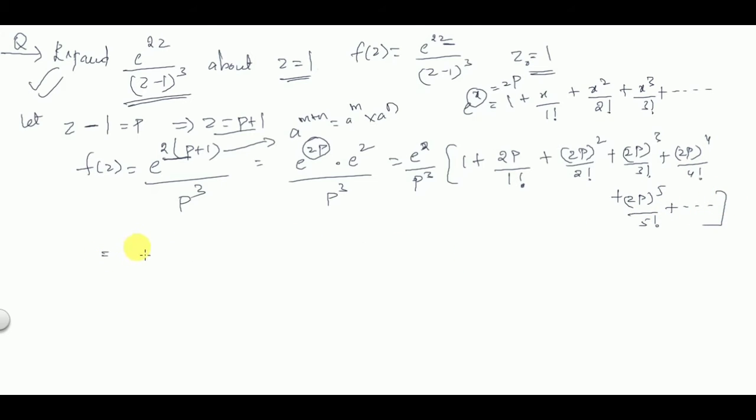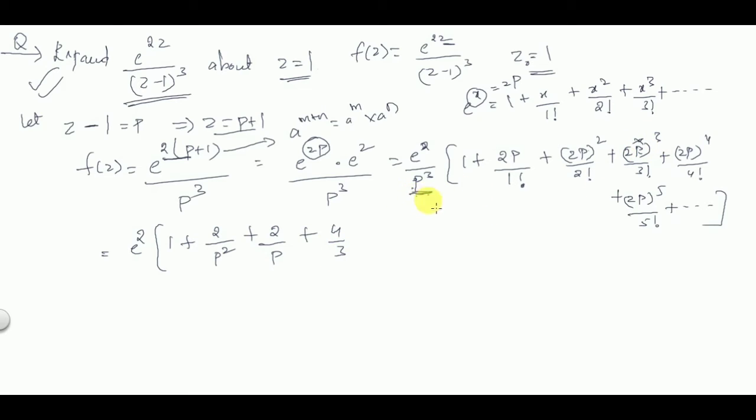Okay, so e power 2 into, send this p cube also inside, so 1 plus 2 by 1 factorial is 2 only, p into 1 by p cube is 1 by p square, so it will be 2 by p square plus this is 2 square by 2 factorial is 2 only, and p square into 1 by p cube is 2 by p, plus this will be 8, this will be 6, 8 by 6 is 4 by 3.